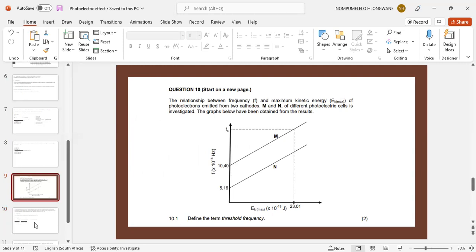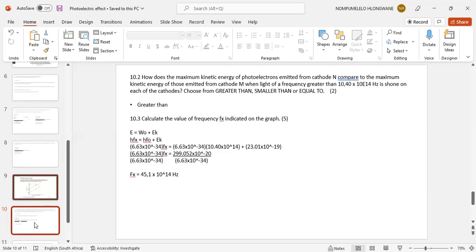Substitute it for f naught, and substitute the kinetic energy of the ejected electrons, then solve for fx. That is the frequency of light that is shone onto the metal surface.